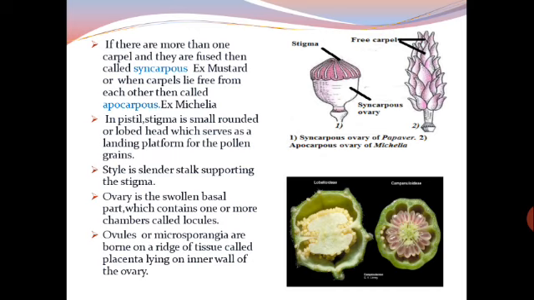If there are more than one carpels and they are fused, then the condition is called syncarpous. Example, mustard. Here you can see a syncarpous ovary where the carpels are many and they are fused.